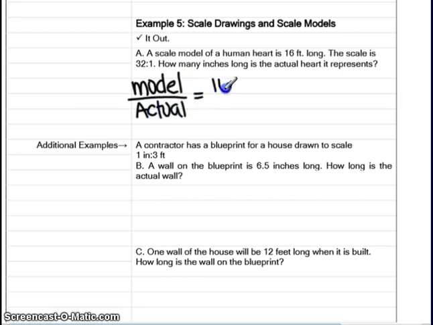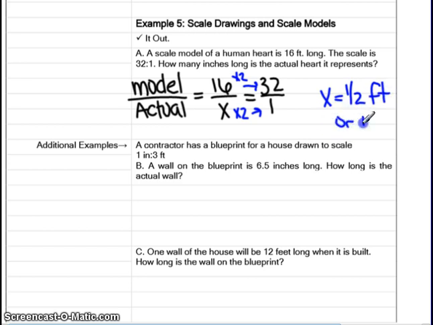And the model is 16 feet long, and I do not know the actual heart, but I do know that my ratio is 32 over 1. So here I had to multiply by 2 to get there. So what number would I multiply by 2 to get to 1? And it would have to be 1/2. So x is 1/2 of a foot, or you could think of it as 6 inches.